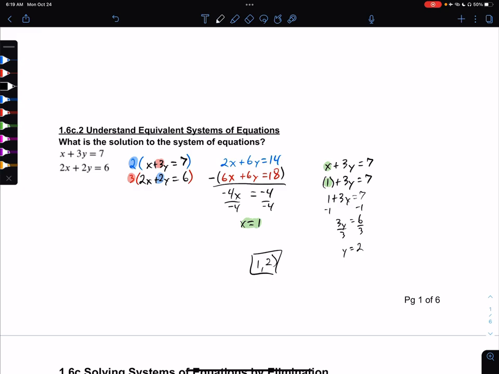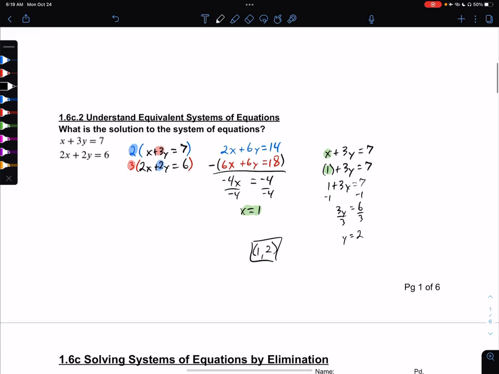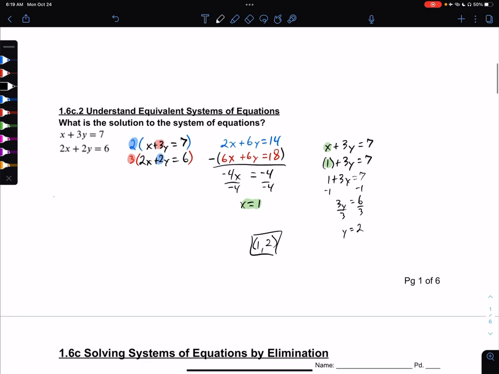Now, one thing I want to point out so that you understand it, and you don't think I'm just making this more complicated for the sake of it. That's our answer, and we would be done with that problem. But let's say we go back to the original equation, and instead you multiply this equation by 2.